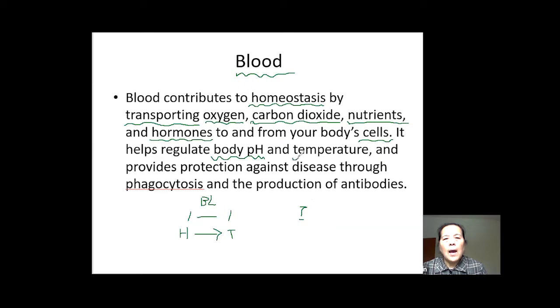And also regulating body temperature. We say normal body temperature is about 36.5 to 37.3.